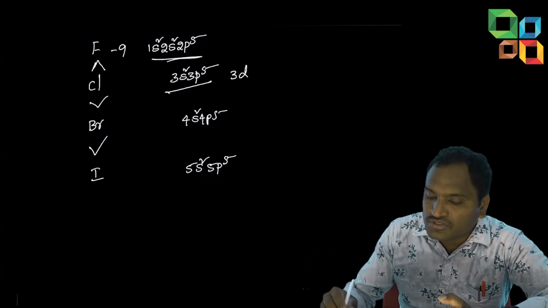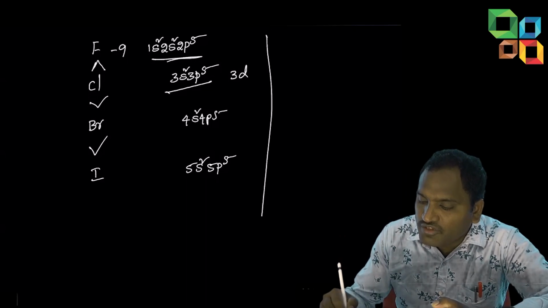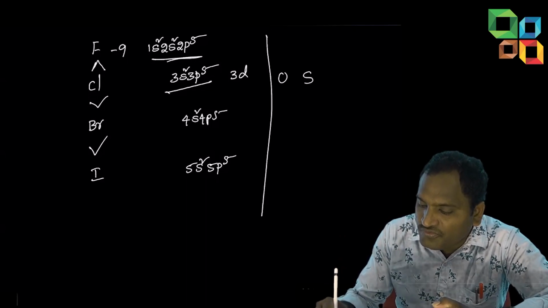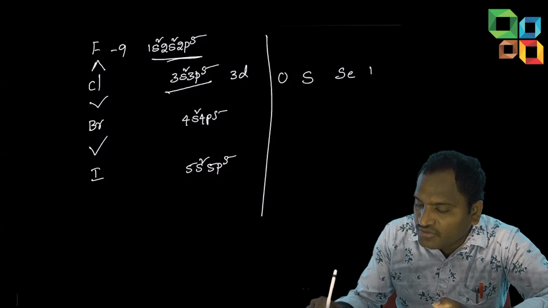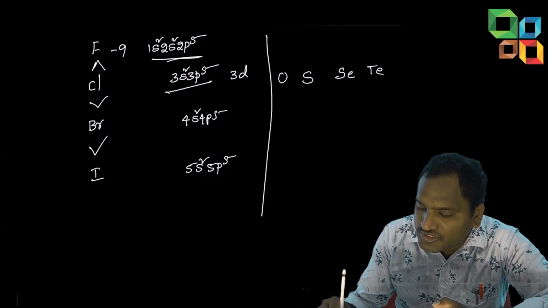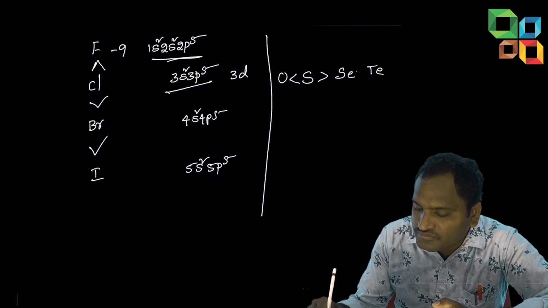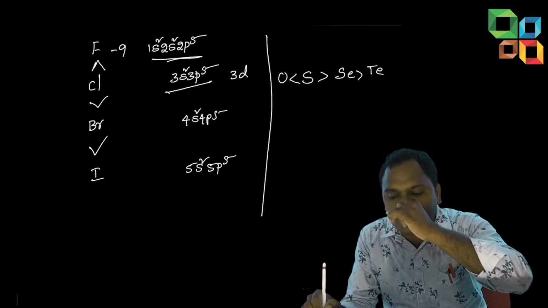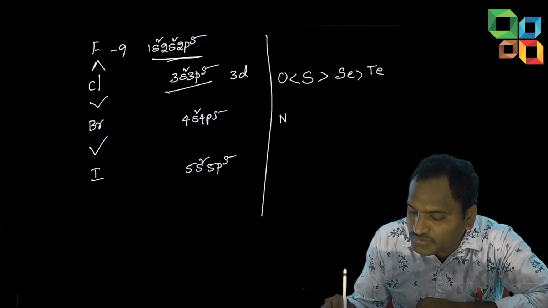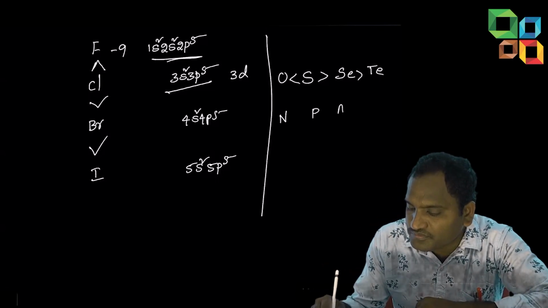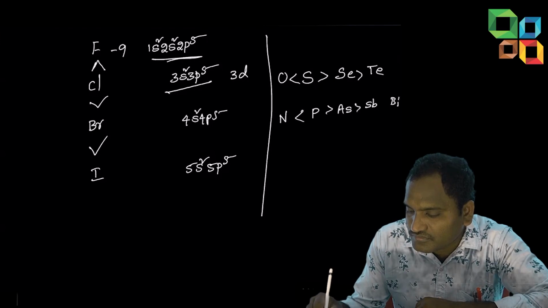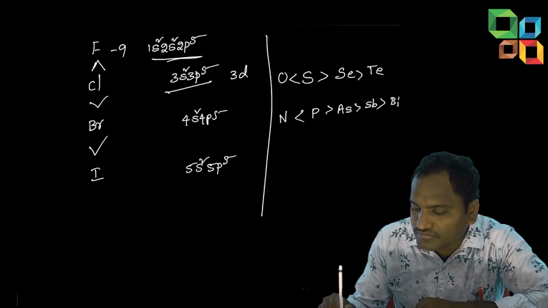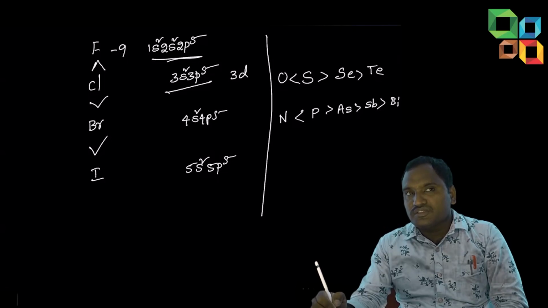So not only in this group, students, even if you take oxygen, sulfur, selenium, tellurium, in this case also it is the same. Every second element in the p block elements has more electron affinity. Nitrogen, phosphorus, if you take the 15th group, electron affinity trend in different groups.